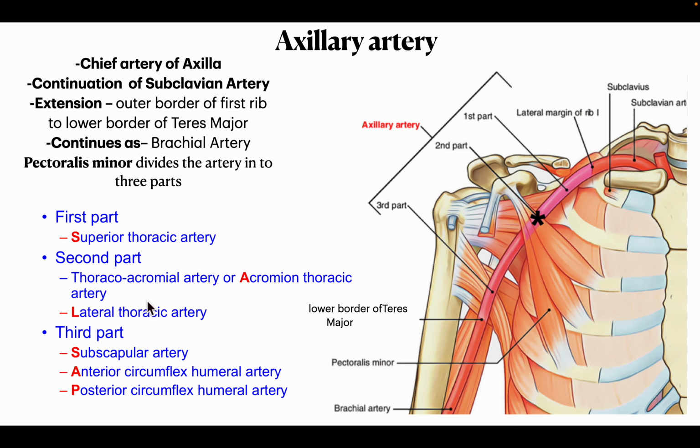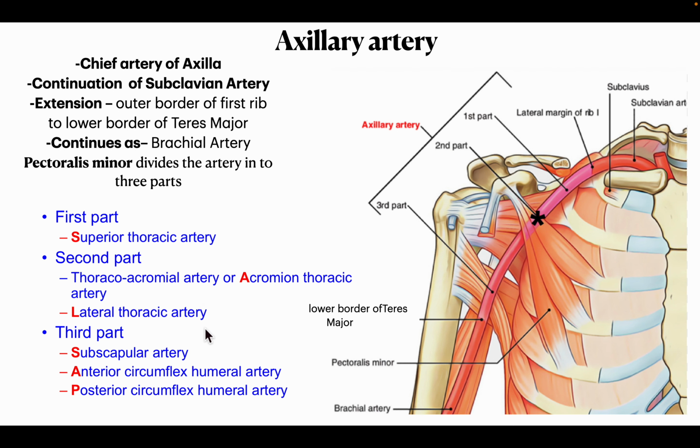We have to know the mnemonic S, A, L, S, A, P. S is for superior thoracic artery, arising from the first part. Then A for acromiothoracic artery, or we can say thoracoacromial artery, and L for lateral thoracic artery.